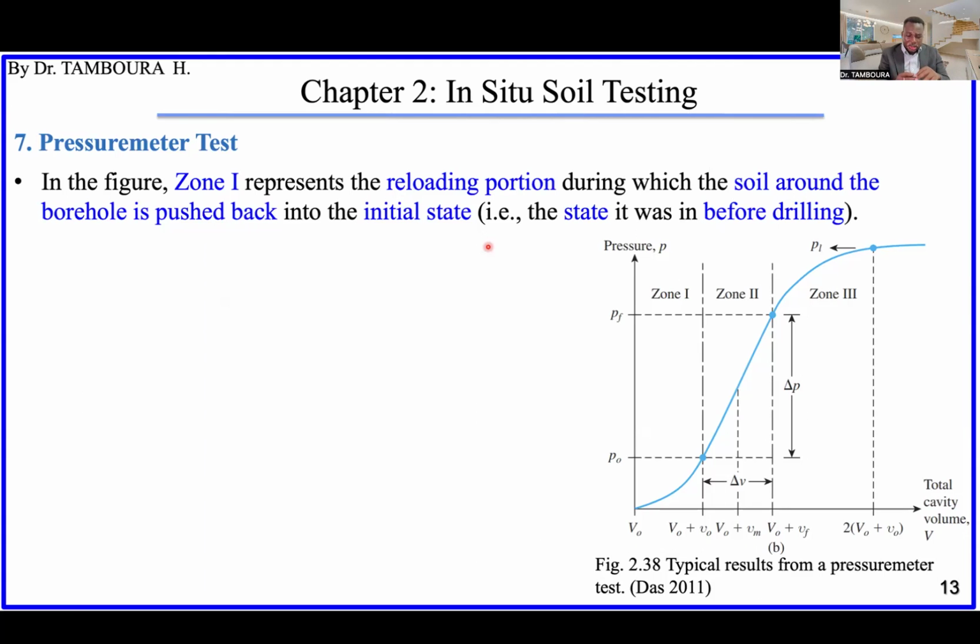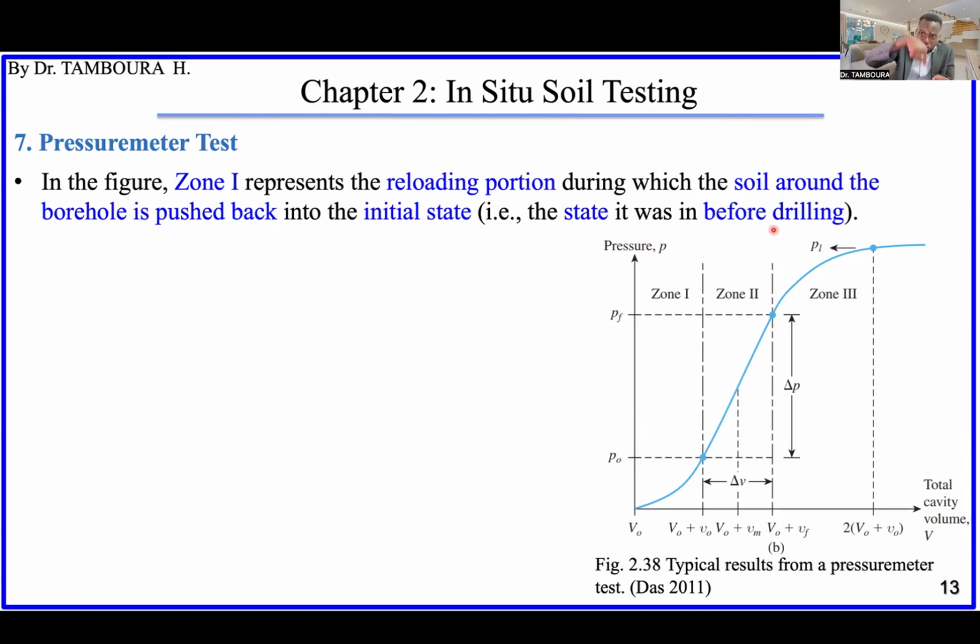After drilling the hole, the soil gets loose and tries to collapse into the hole.